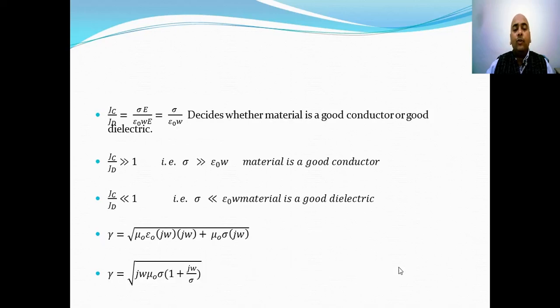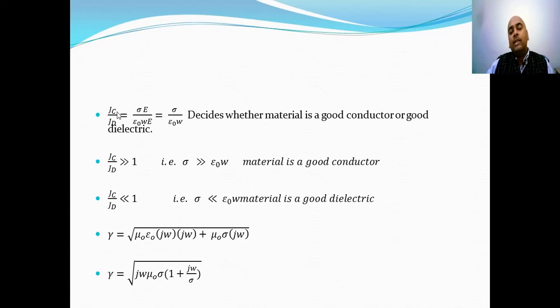So it is the ratio of conduction current density divided by displacement current density which decides whether a material is a good conductor or a good dielectric.